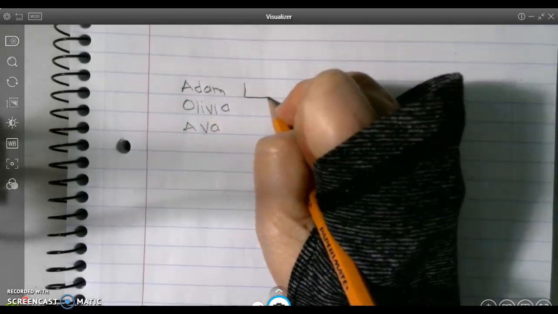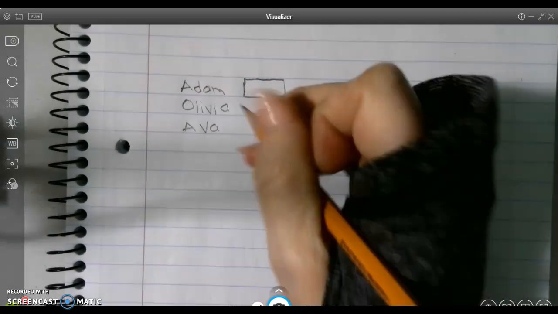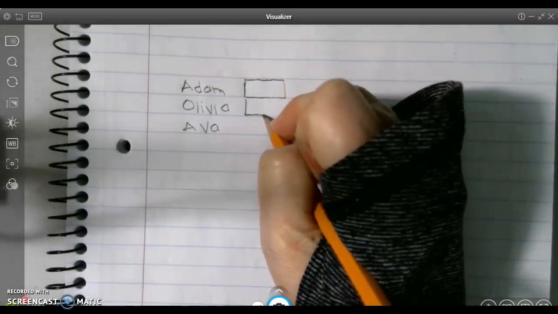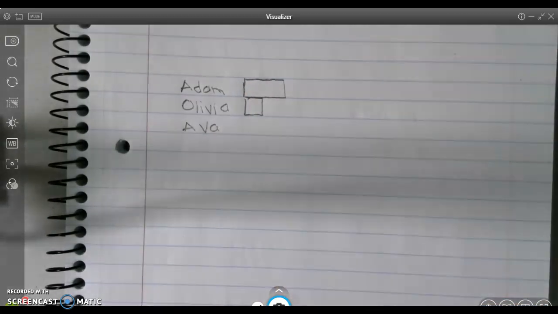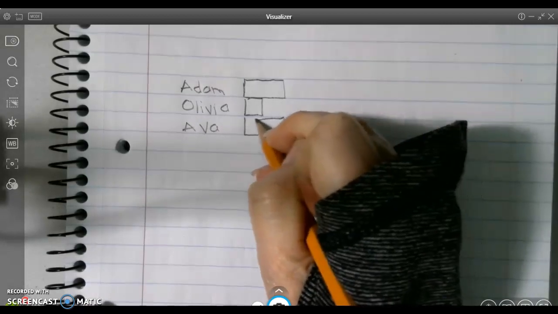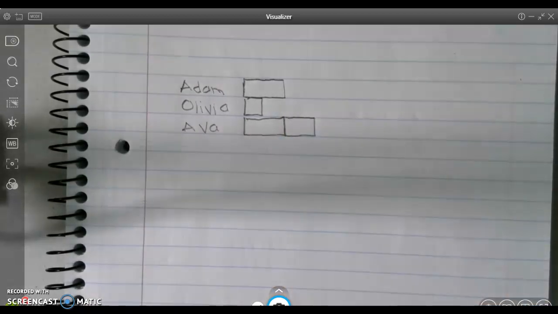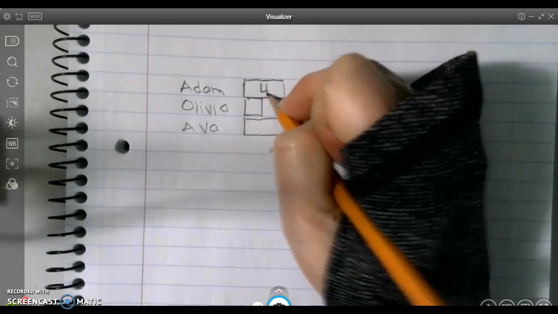So if this is Adam, we don't know what it is yet, and Olivia is half of it. My drawing's not perfect, but close enough. And then it said Ava was twice as old as Adam. So two of those bars, right? And then it tells us that Adam is 4.